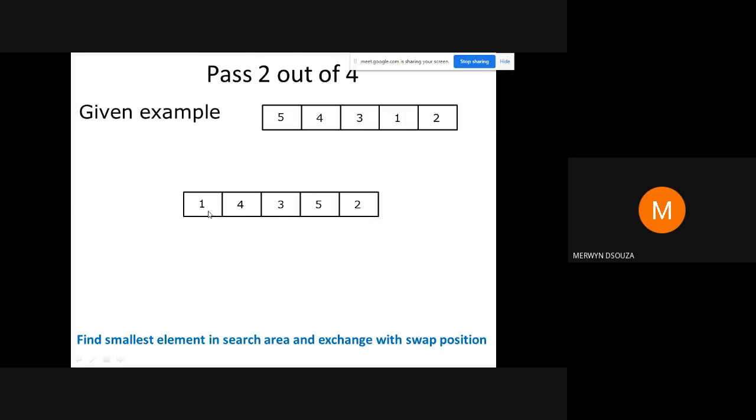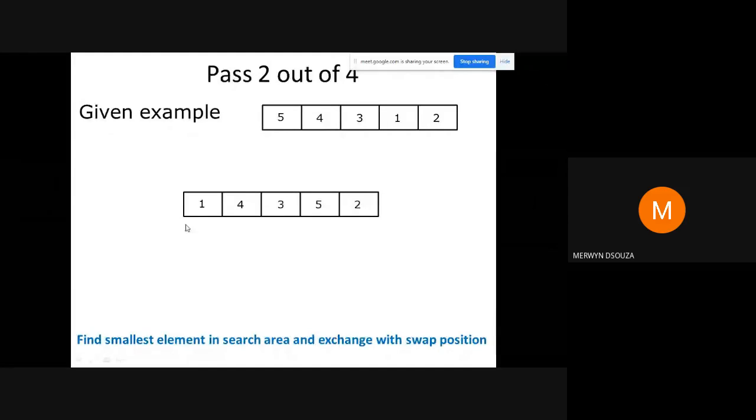So again, now you're going to identify the search area. Now you know that 1 is the smallest element, and it is already in its proper place since we are sorting in ascending order. So it makes no sense including this 1 again in the search area.